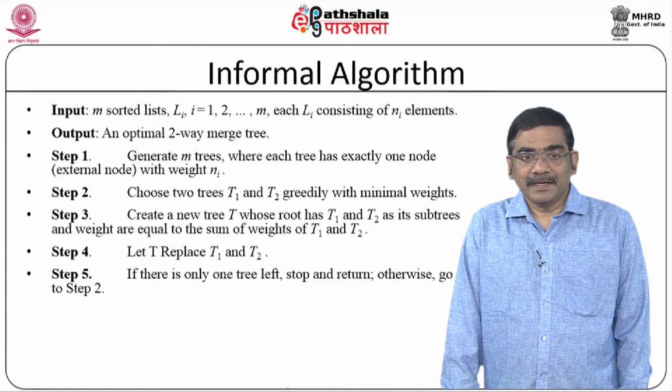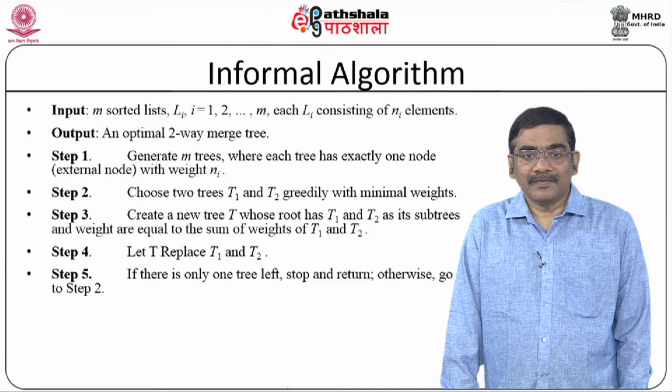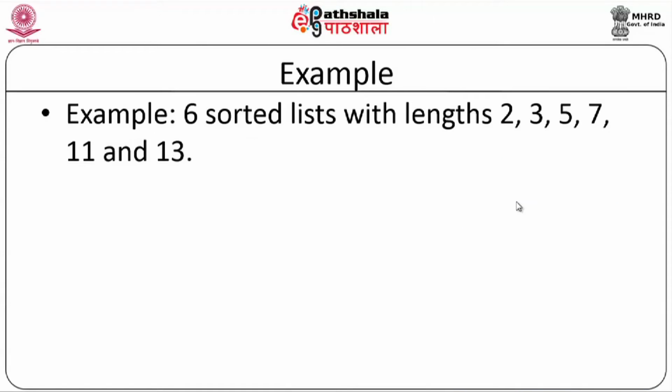In other words, if there is only one tree left, then we stop and return the binary merge tree, otherwise we go to step number 2. So, this is the algorithm using which this problem can be solved.